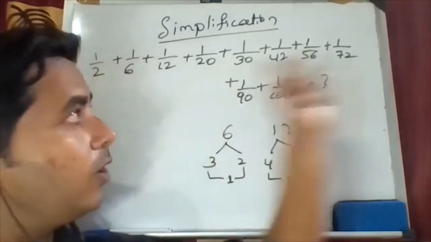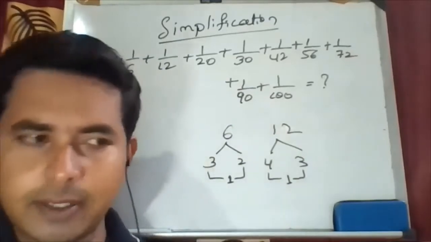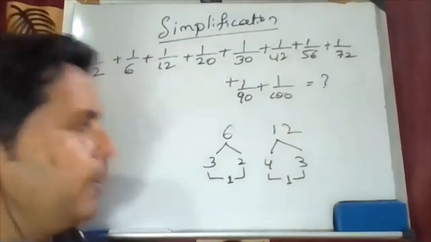So if all the differences are 1 and the numerators are 1, your addition will be very simple.